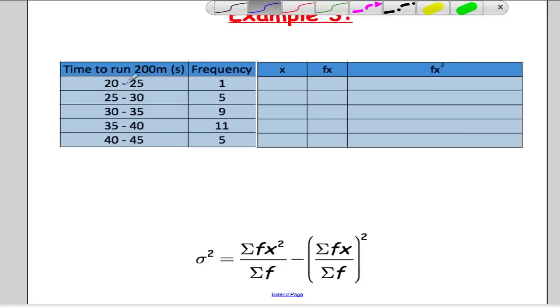So the midpoint of each class interval, in this case, is going to be 22.5. This one, 27.5. 32.5. 37.5. And 42.5.